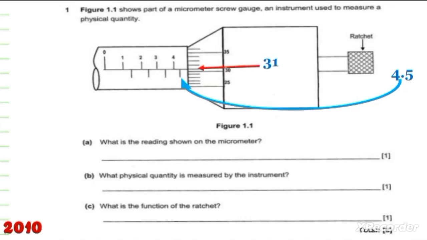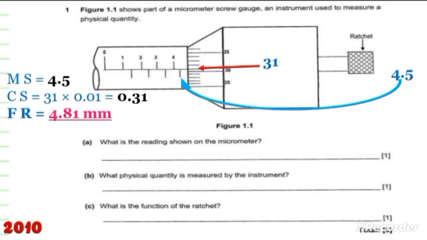So to find the final reading, we are going to say main scale is equal to 4.5 and the circular scale is equal to 31 times 0.01 is equal to 0.31 millimeters. We add these numbers, we are going to get 4.8 millimeters. So 4.8 millimeters is our final reading.